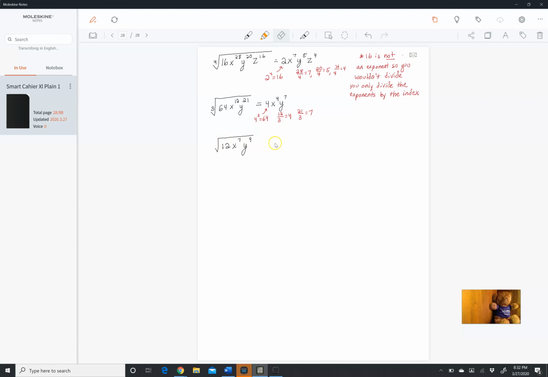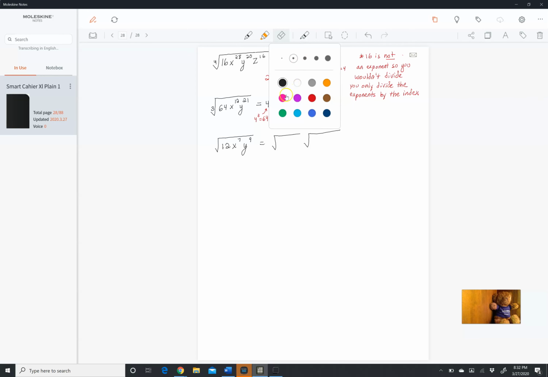We're going to break this up into 2 radicals. So this is actually a 2-step process. No matter how complicated this looks inside, it's always going to be a 2-step process. We're going to have 2 radicals. If we have an index, don't forget to write the index. And the first radical are going to be our perfect nth roots.